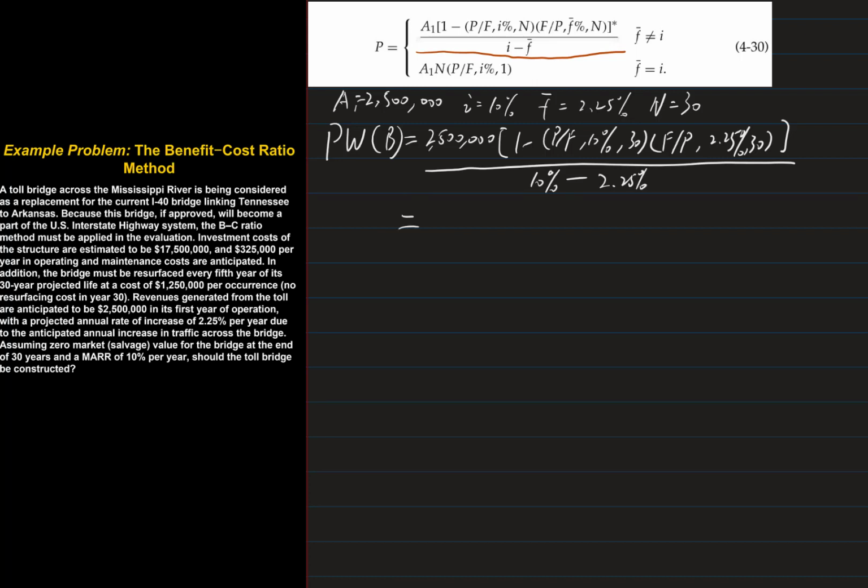And we get about 28 million, 28,654,750. That's the present worth of the benefit.